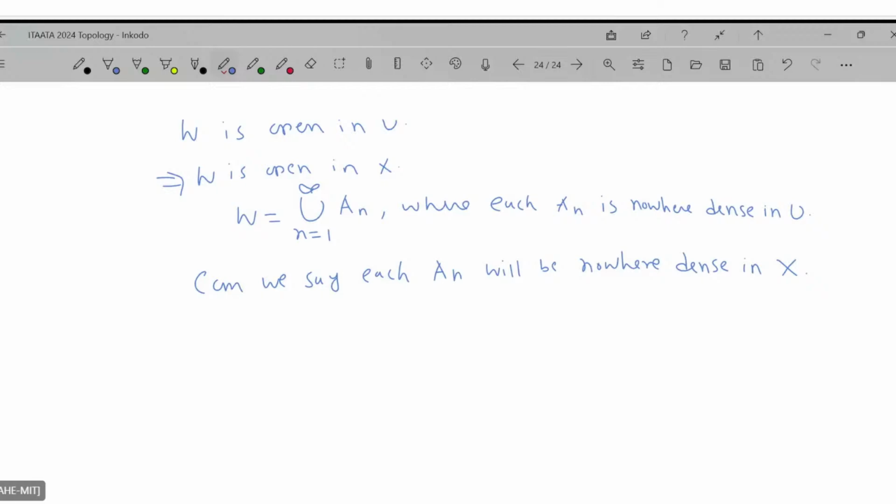If it is okay, then we can go ahead with this. So AN is nowhere dense in U means X minus AN closure is dense in U. Okay. So can we say that that will be dense in X as well?